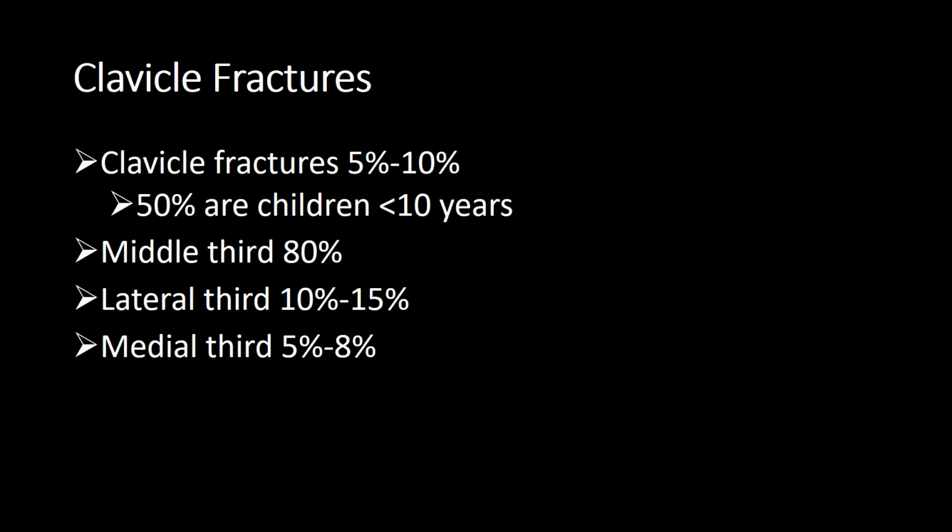So it's very easy to miss an undisplaced clavicle fracture, so check that area particularly carefully. The lateral third are responsible for 10 to 15% of fracture locations, whereas the medial third only is responsible for 5 to 8% of fractures in this area.